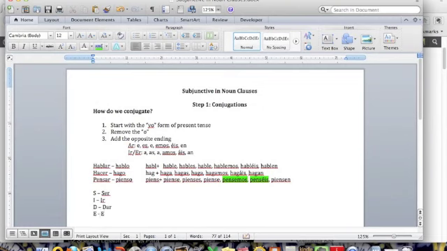E stands for estar. And the last S stands for saber. So what are my conjugations for these? Now remember I told you to start with the yo form of the verb and drop the o. Ser, ir, dar, estar, and saber are all really irregular in the yo form. None of them end in an o, and that's why they're irregular in the subjunctive.